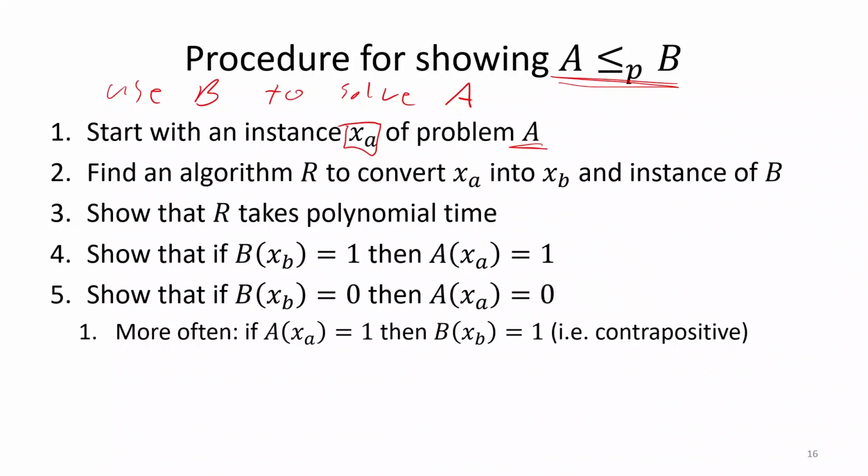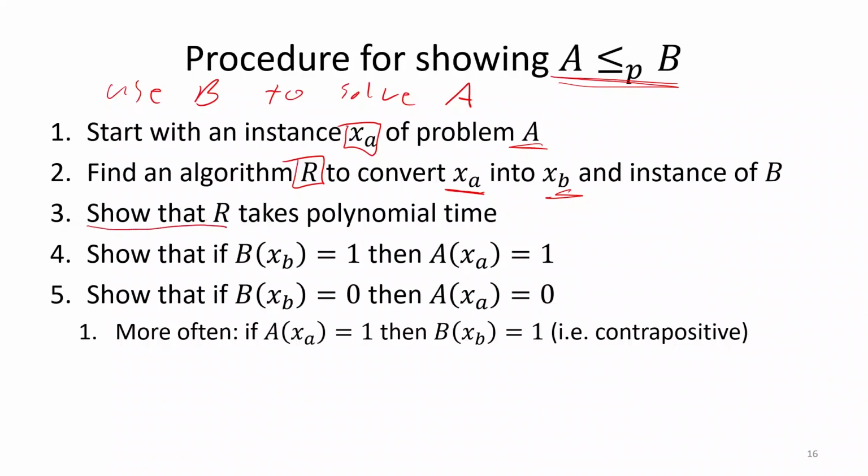In order to show that A polynomial time reduces to B, first I'm going to pick some algorithm R, some way R, of converting that instance from A, that input for A, into a new input for problem B. I'll call that xb, x sub b, where I need to show that R is going to take polynomial time.